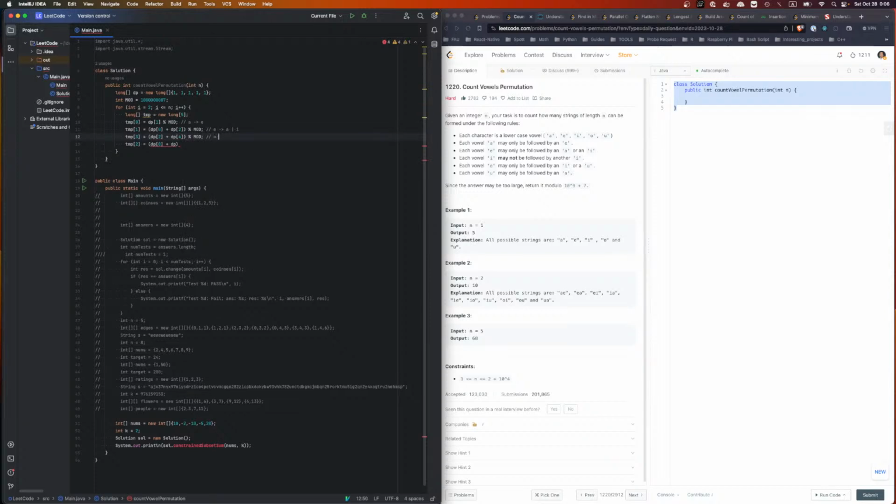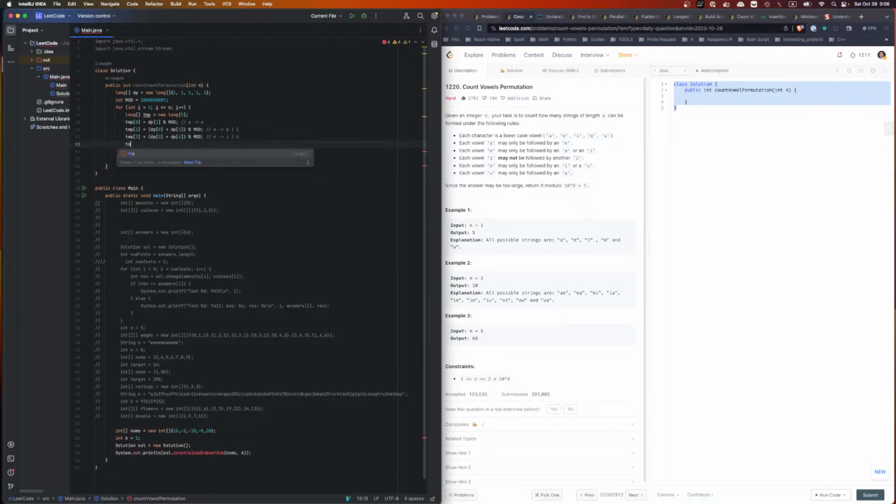O followed by i or u. And then temp 4 shall equal to dp 0. You don't need mod this. Okay, so this is u followed by a.